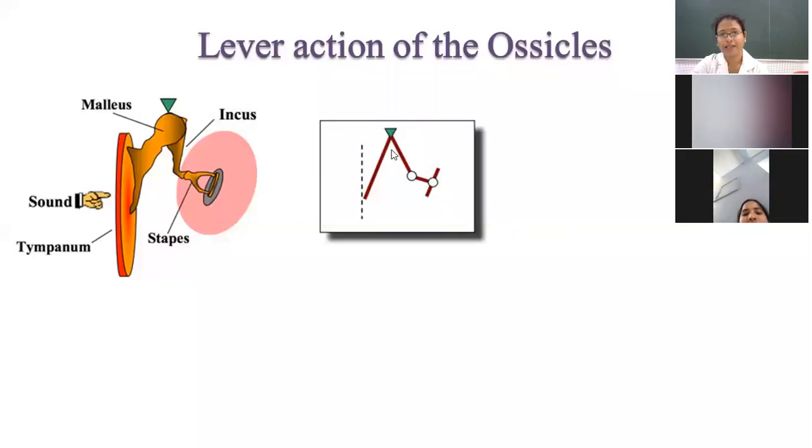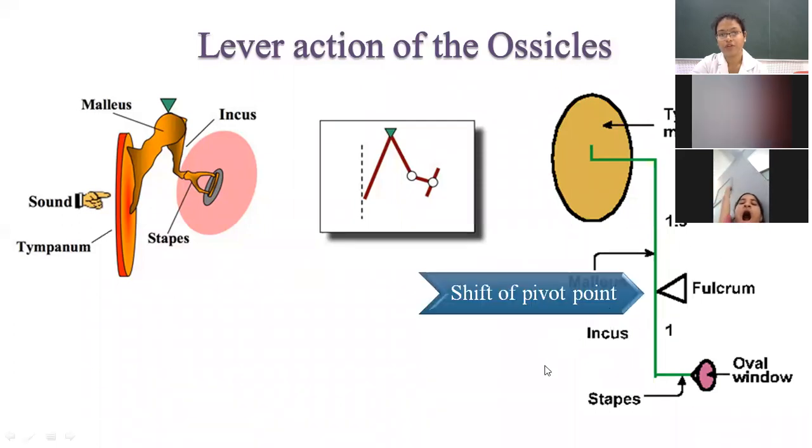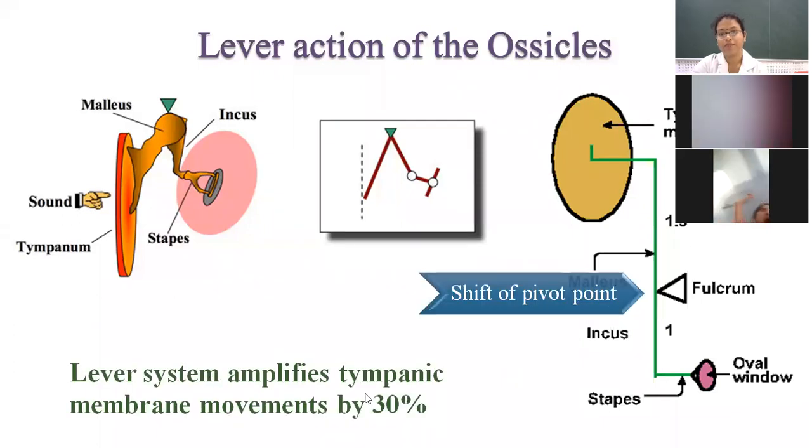The malleus has a larger contribution as compared to the incus. The malleus length is almost 1.3 times that of the incus. Because of this shift in the pivot joint, the lever system is able to amplify the tympanic membrane's vibration by almost 30%. So it is increased 1.3 times.